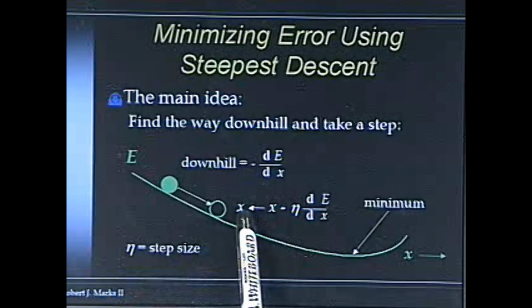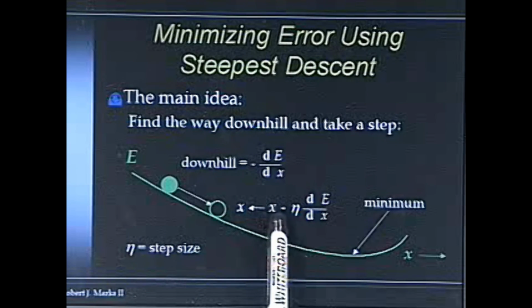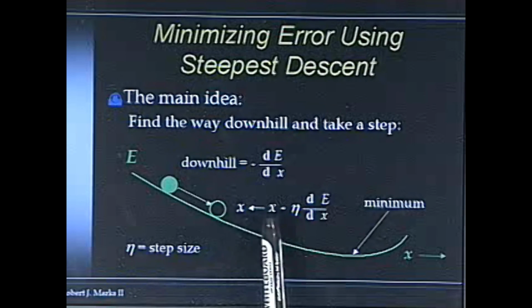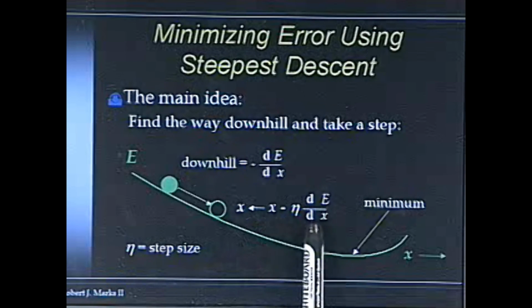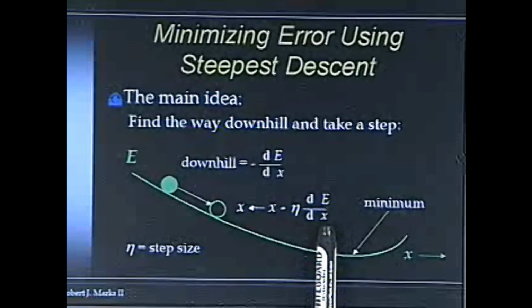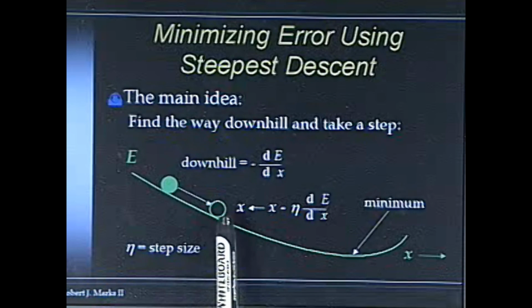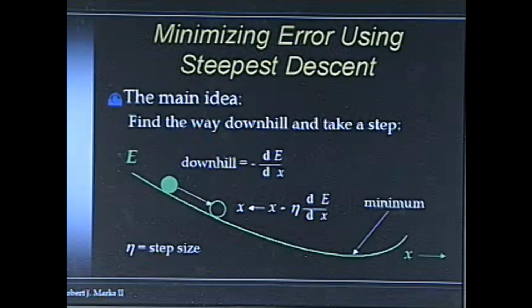So if the new value that we have is equal to the old value minus eta, which is your step size, remember you take a little step size or a big step size? So if your new value is equal to your old value minus eta times the derivative of the error with respect to the variable, then you're going to go downhill. Usually going downhill is not a positive thing. Here it is. And eta is the corresponding step size.